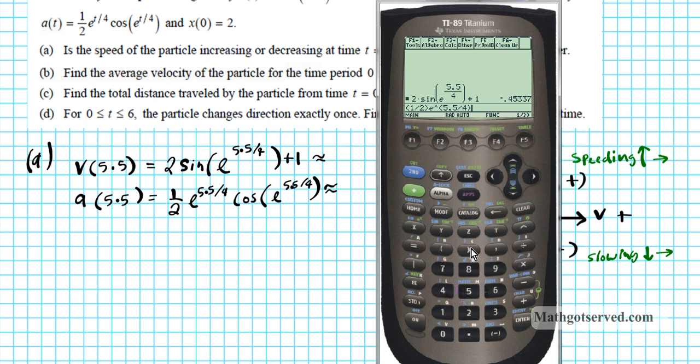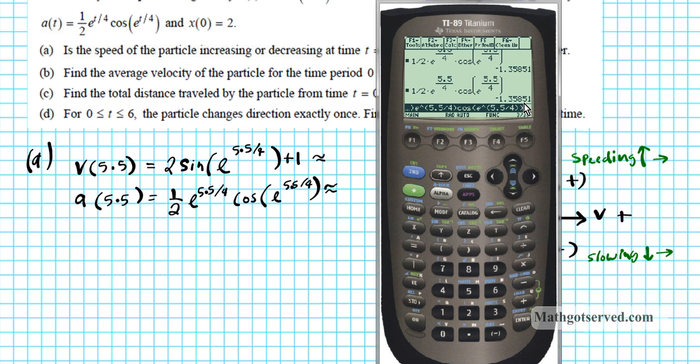So it's that. And then cosine of the same expression, e to the 5.5 over 4. Press enter, and then you get negative 1.35851. Okay, so we can see that both of them are negative, so the object is going to be speeding up or increasing in speed in the backward direction.